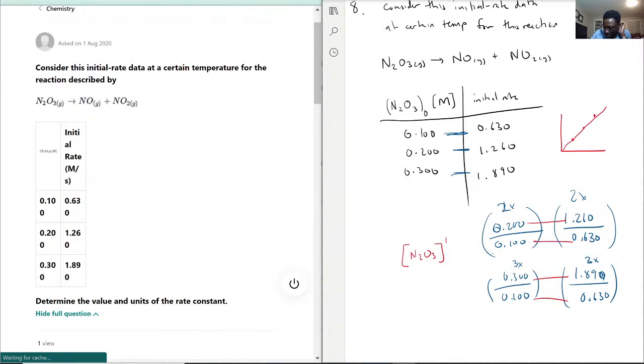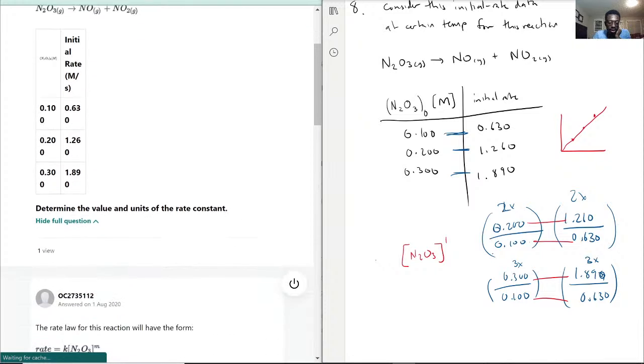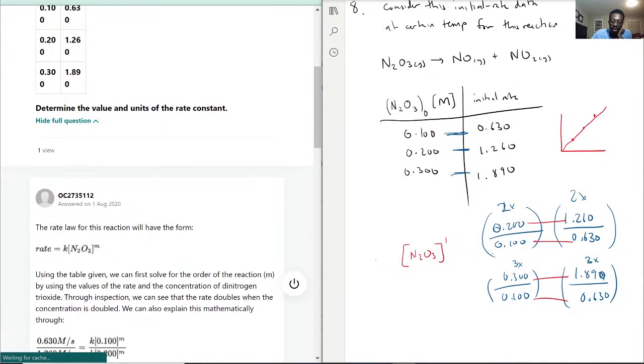Well, actually, sorry, I believe there's something before that: something times the concentration is equal to the rate, but let's see here. There we go. Yes. So rate is equal to K times N2O3 to the 1. And the reason why we figured out M equals 1 is because of this relationship that we established. Every time we went up by a certain amount, the rate went up by that same amount as well. There's no exponential growth or even logarithmic growth or anything like that. It was just 1 to 1.